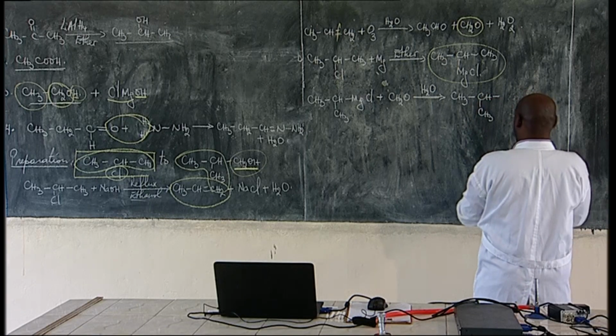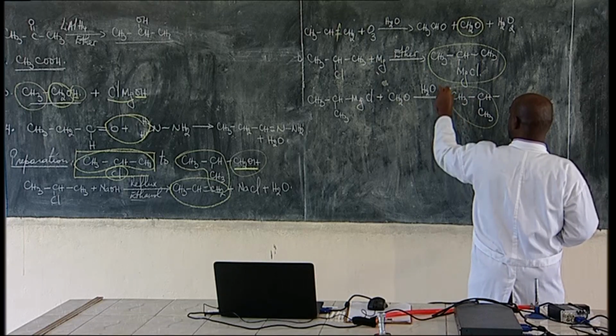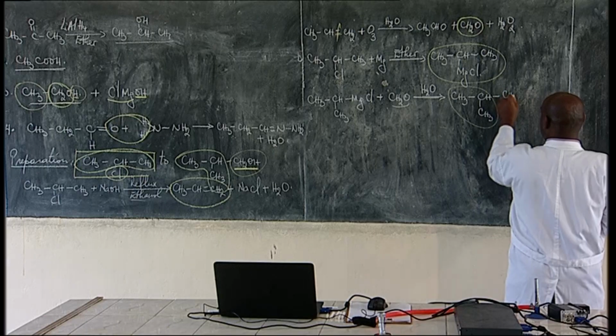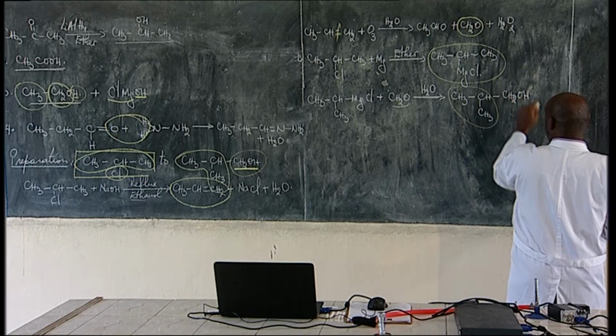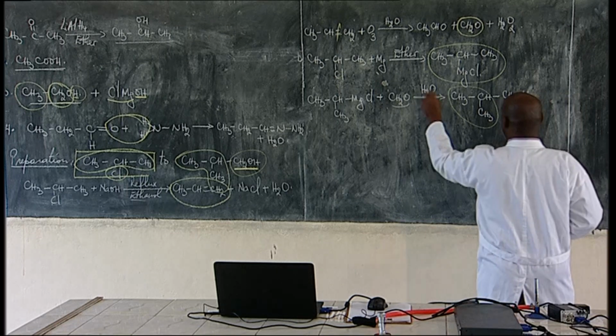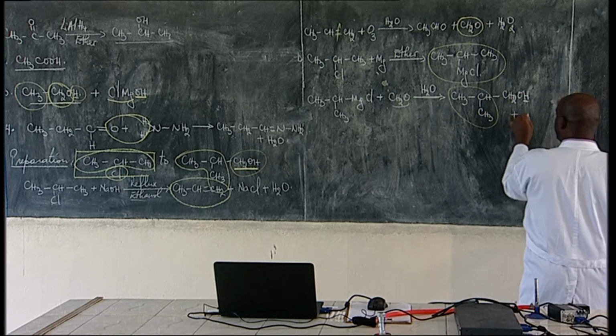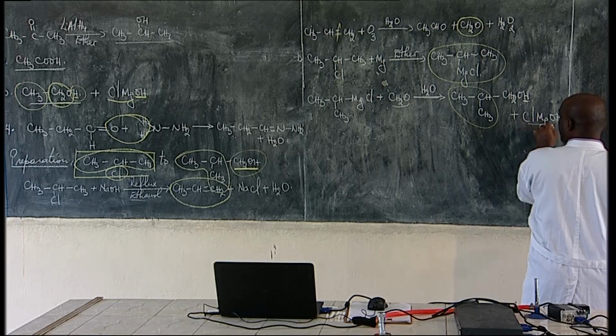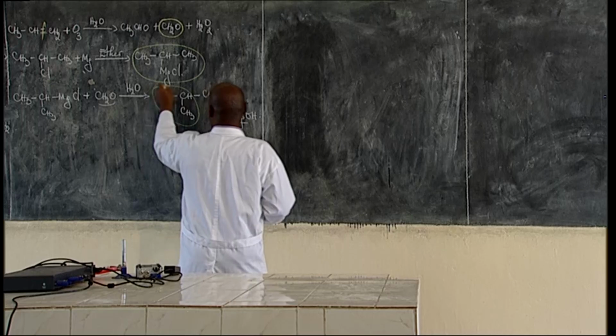This is the part from the Grignard reagent, and we add the aldehyde to get CH2OH. And remember, we said that this hydrogen comes from water, and because of that, we produce ClMgOH. Now we have our alcohol.